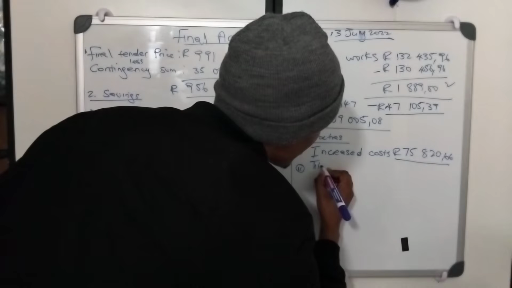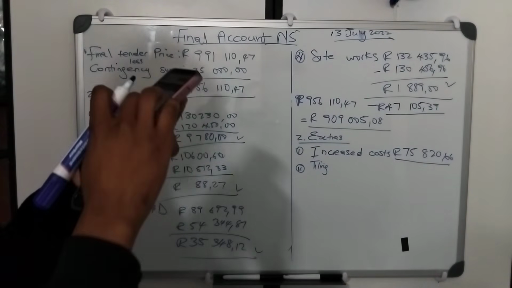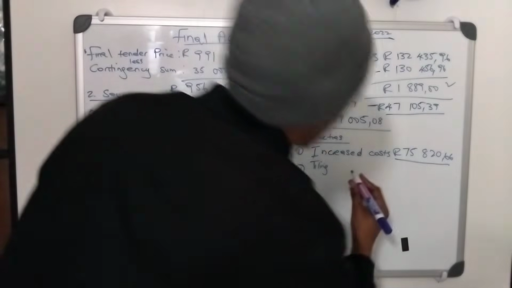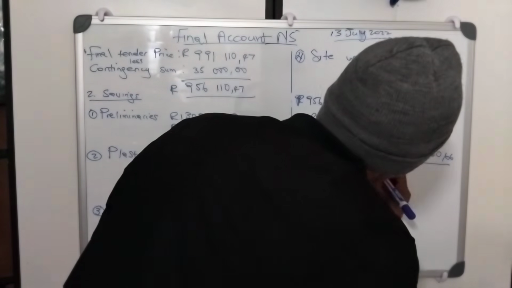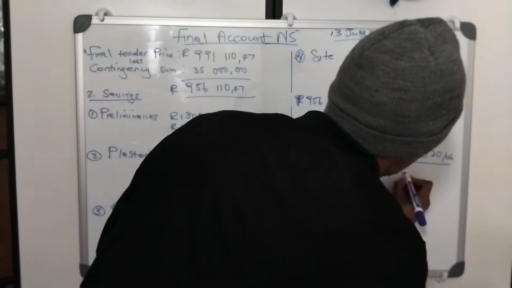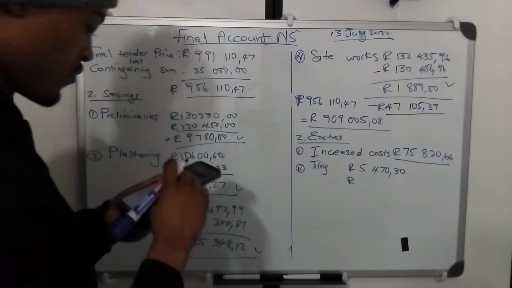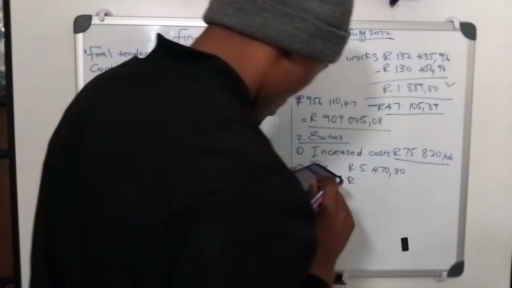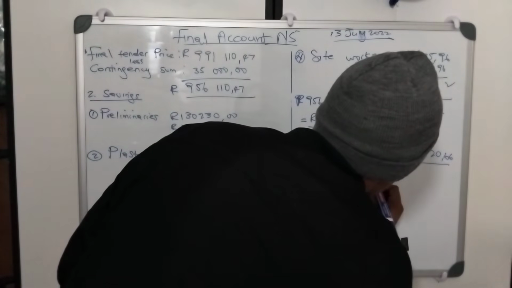So tiling. Now tiling on the store gets its 5,470. Then what is the amount on the BOQ? It's 5,000. Yeah, it's 5,000.